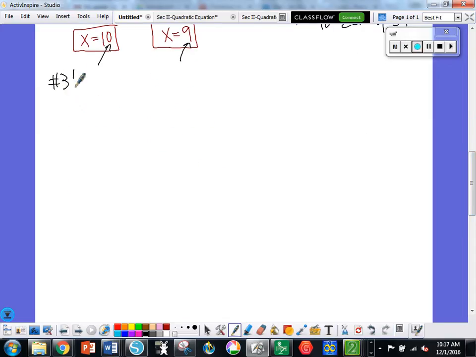Number 3. Let's do another one. Try it on your own. Let's see how you do. X squared plus 2x minus 8 equals 0. And as far as you can get.